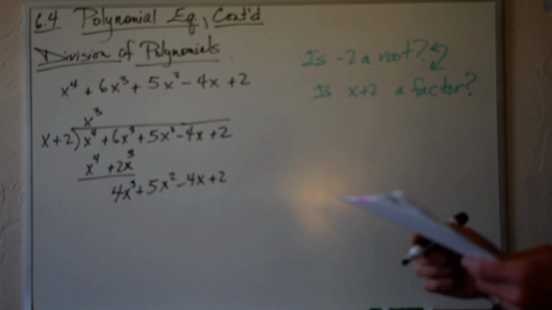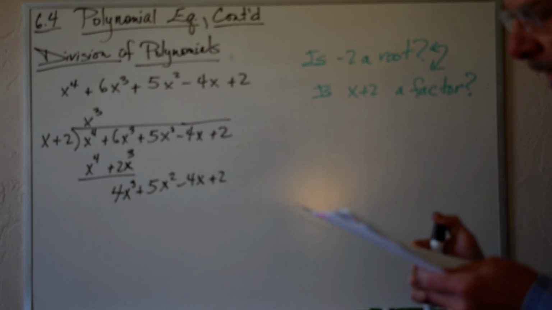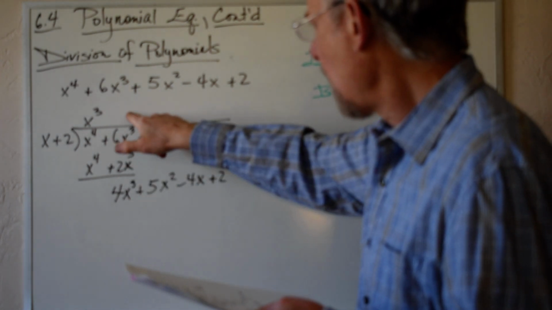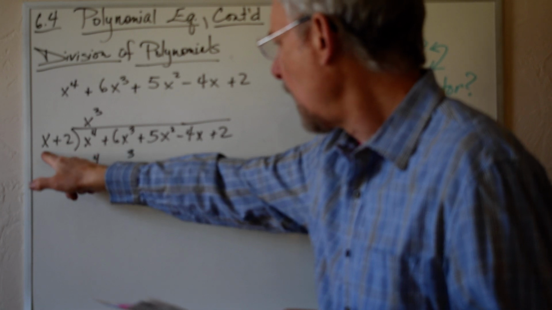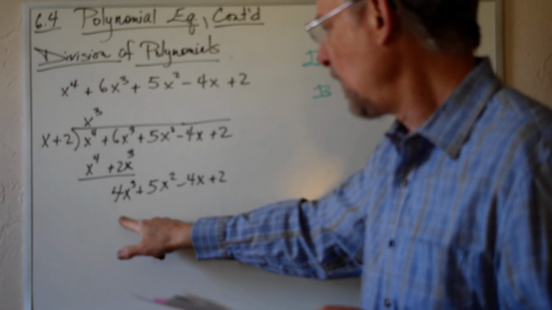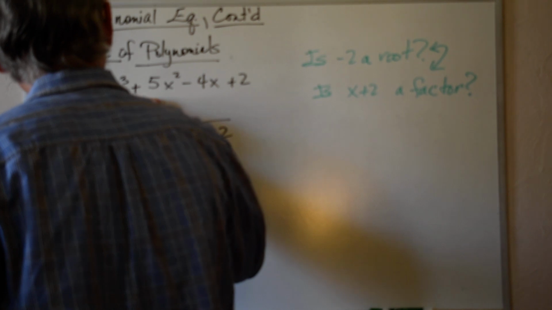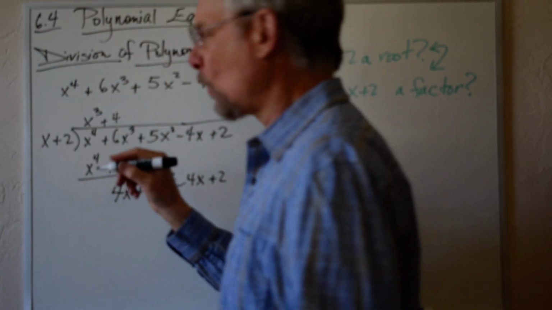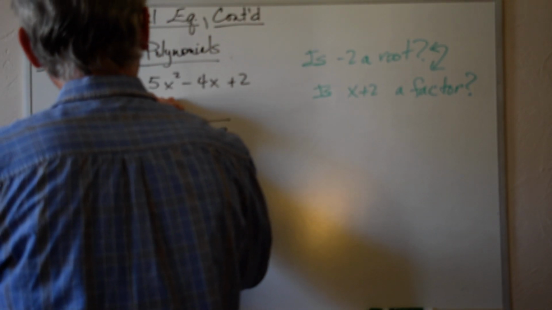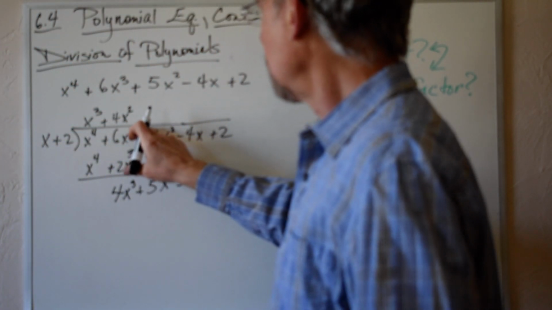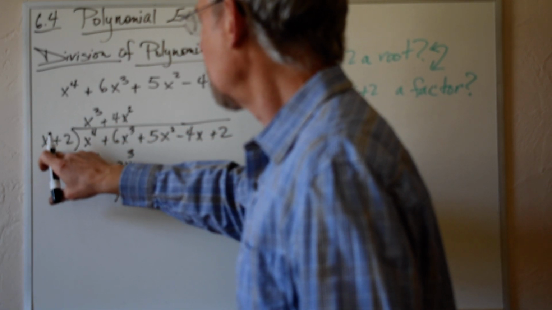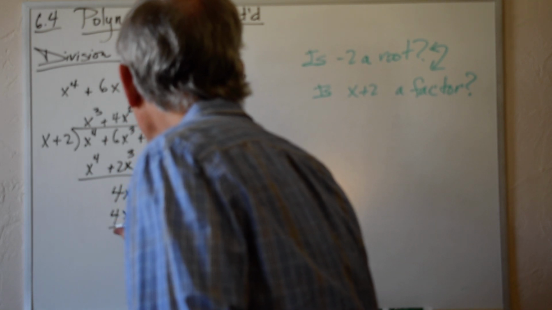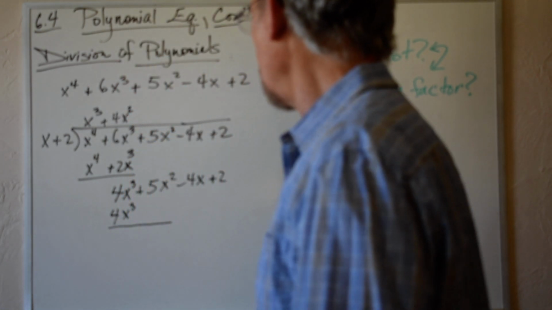All right, so the next thing I'd like to do is get rid of that 4x cubed. What would I have to multiply by to make 4x cubed appear here? Well, positive 4x squared, right? The positive 4x squared hits the x and gives me 4x cubed. So it will cancel out.